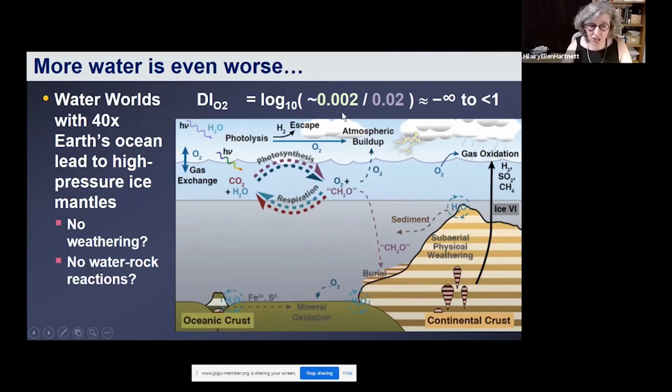And if this number is actually 0, it will be an infinitely negative number. On a planet with 40 times Earth's oceans, oxygen is a terrible biosignature. It's only a signal of photolysis. So this 40 times Earth's ocean corresponds for an Earth-sized planet to about 1 weight% water. It's not really all that much water.